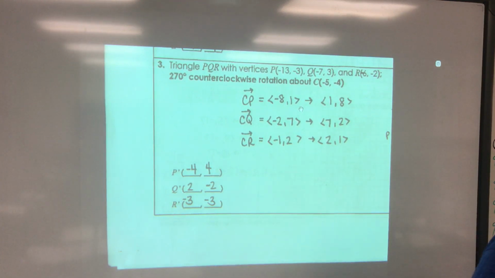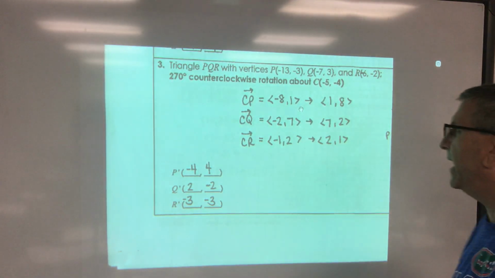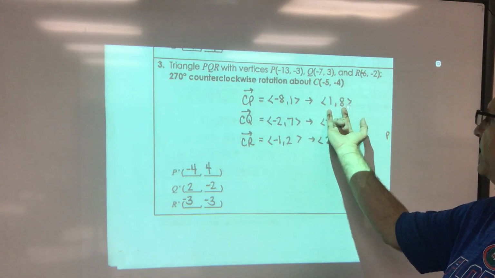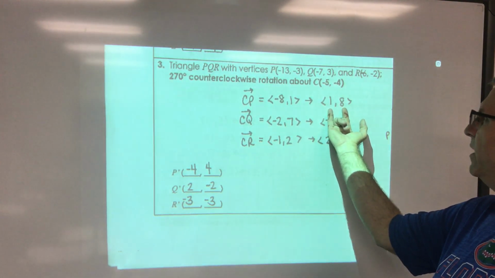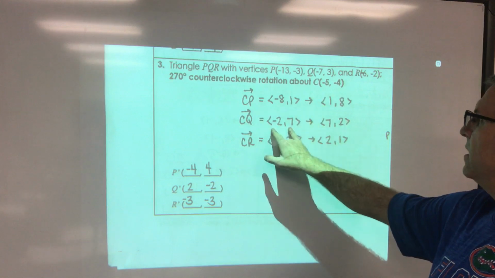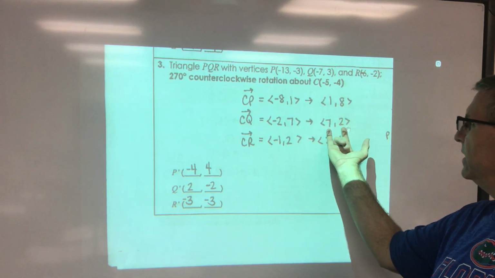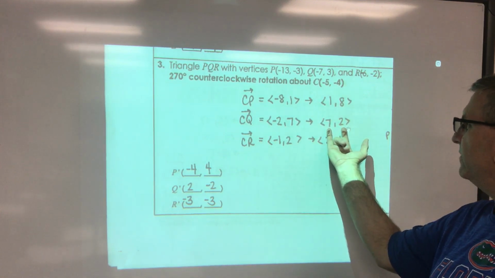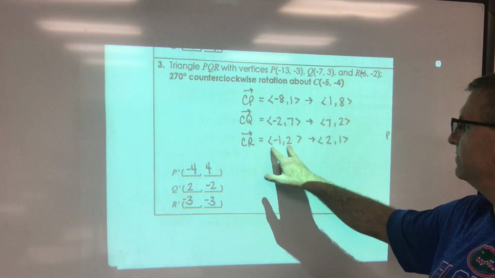My x and y value are going to switch, and I'm going to change the sign on my x. So this is going to switch, and that's now 1 and 8. This is now going to switch, and that's 2 and 7.